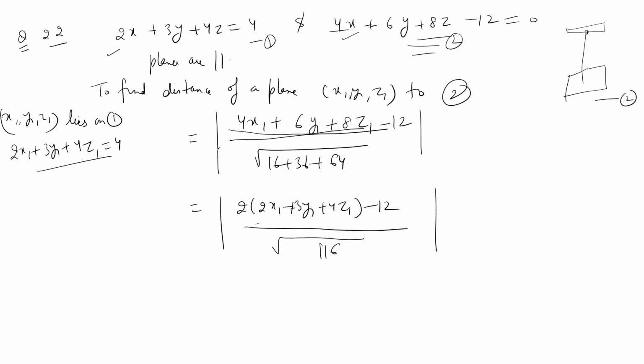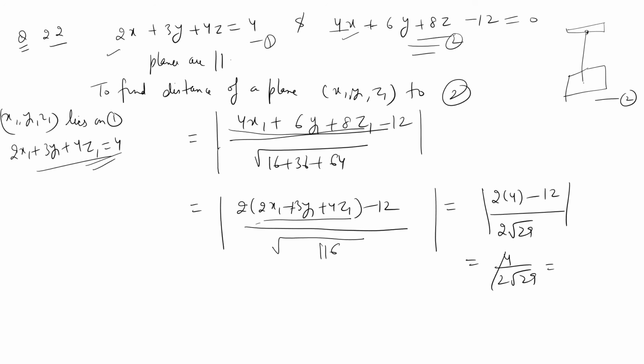Okay, now from equation number 1 you can fill the value of this as 4. So it is 2 into 4 minus 12, and this becomes 2 root 29. So this is 8 minus 12, so that is 4 upon 2 root 29, that is 2 upon root 29. So you will find that option number D is the correct answer.